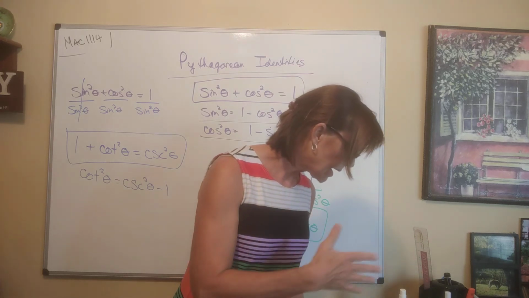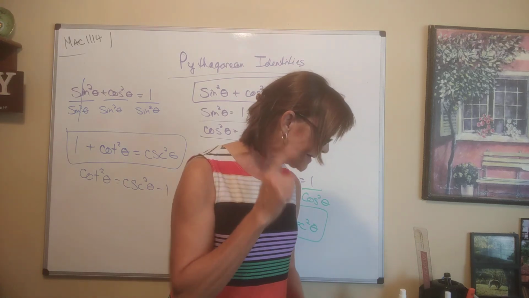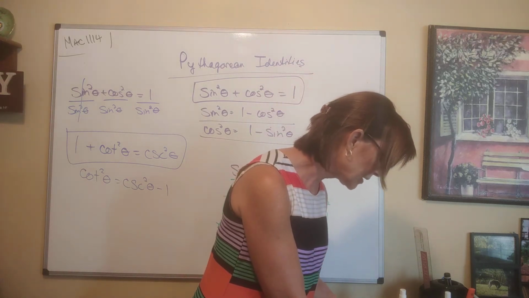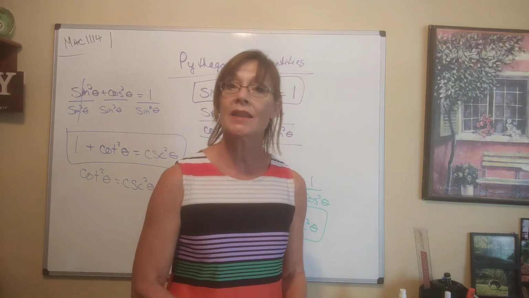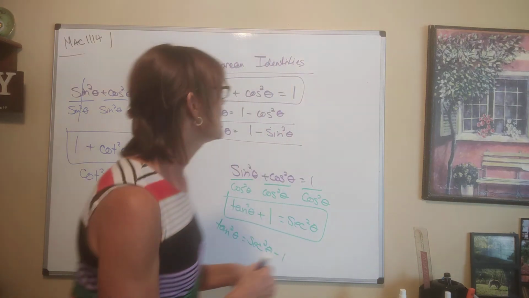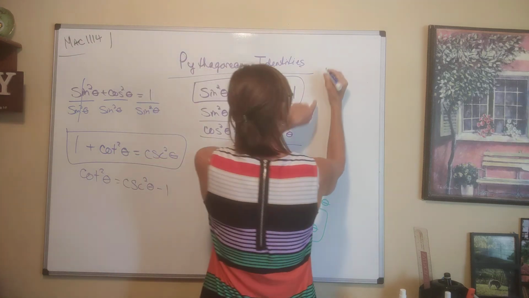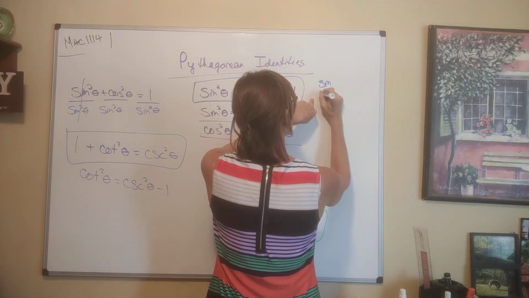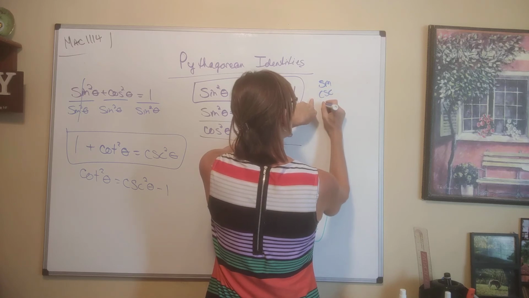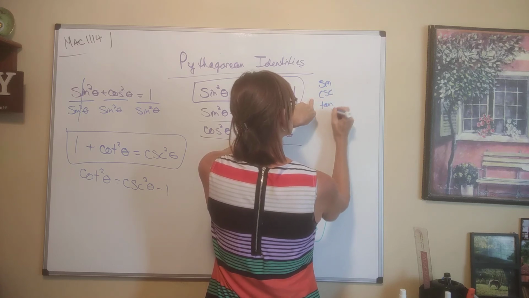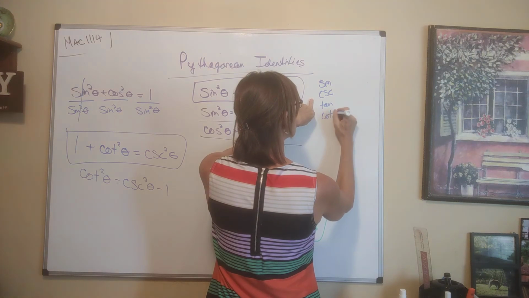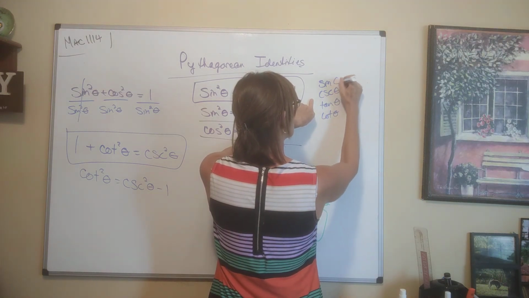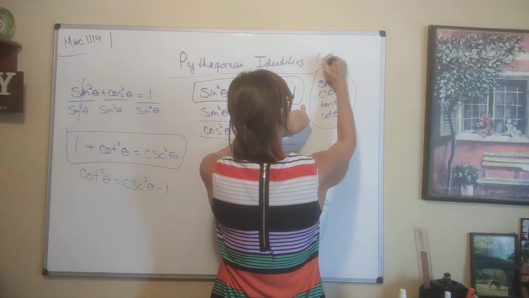Lastly, they have the negative angle identities. Basically, if you look at the sine of negative theta is negative sine theta, what they're saying is that the sine, the cosecant, the tangent, and the cotangent, these are odd functions.